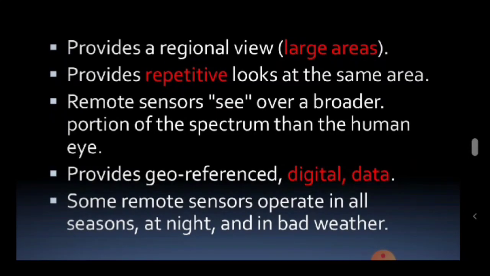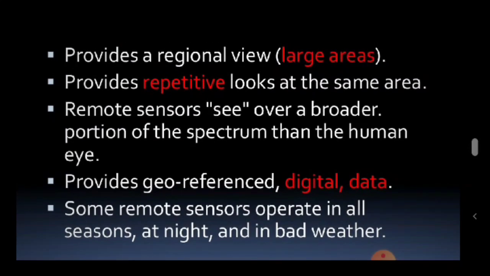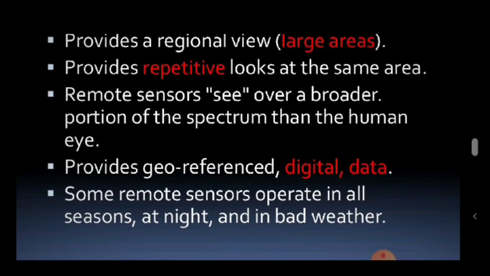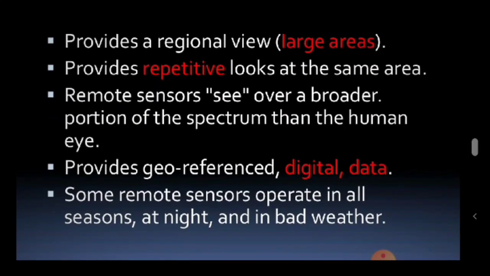And also, we will discuss later how repetitive looks can happen when using remote sensing. Remote sensors are also used to see things we cannot see with the human eye, beyond the spectrum of the human eye.